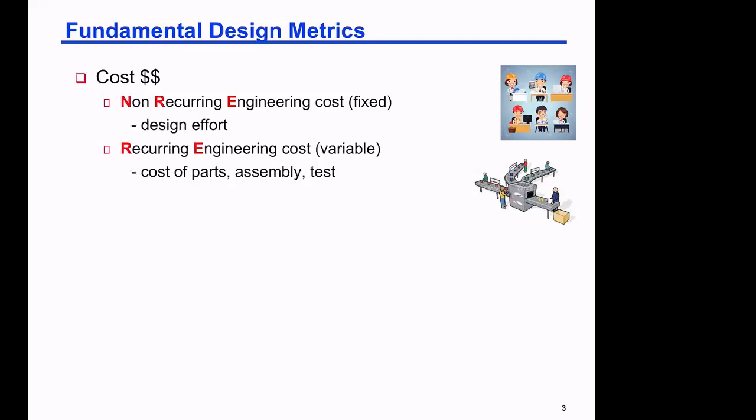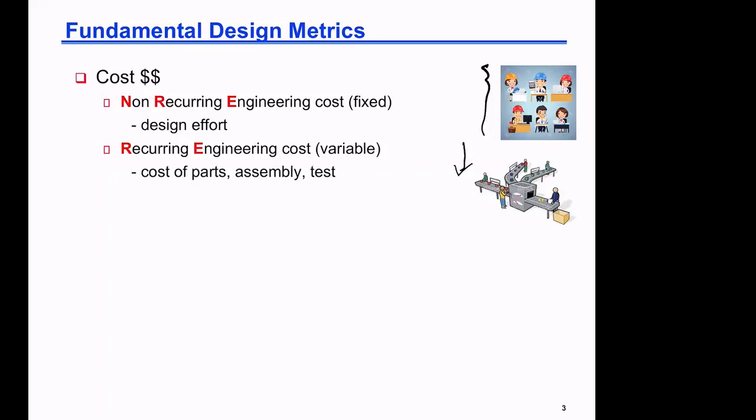The non-recurring engineering cost. For example, Apple is coming up with the new iPhone, so the engineers will sit there for 6 months. They will have the design ready. Once the design is ready, it goes to the fab, and in the fab, every chip for every phone that is being fabricated will have its own cost.